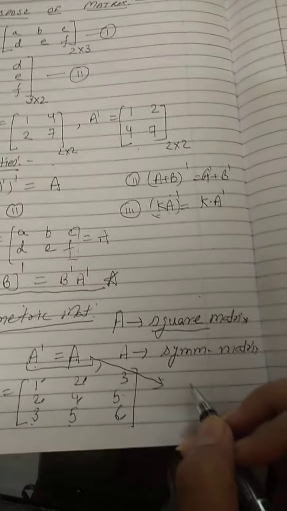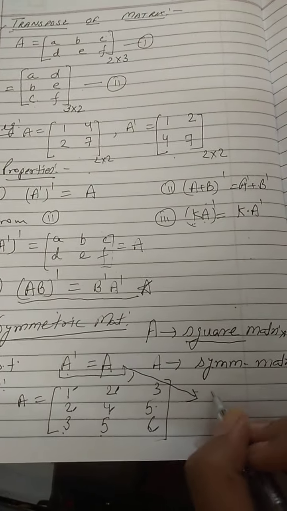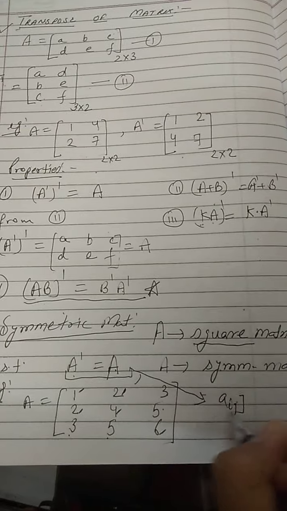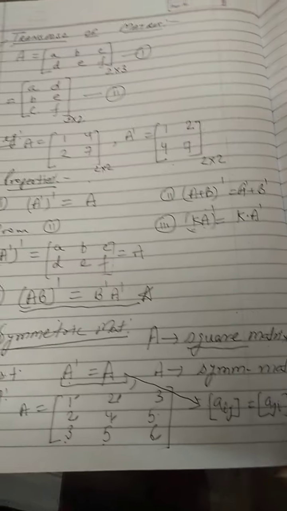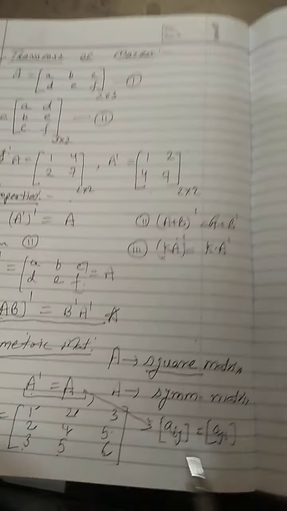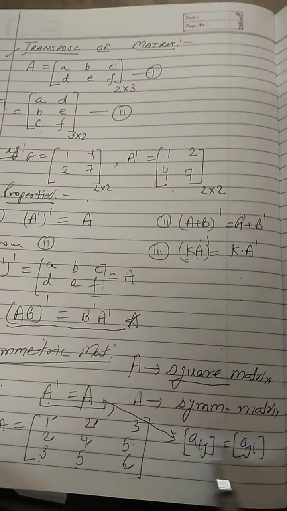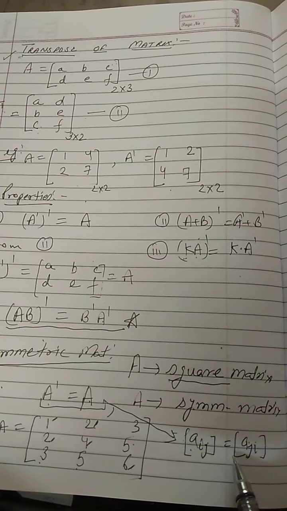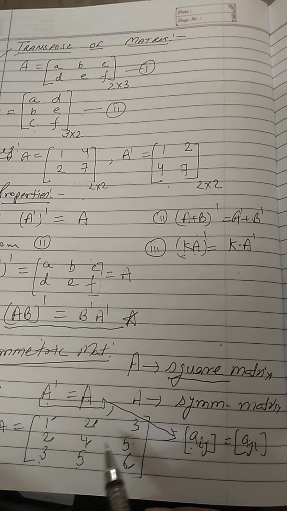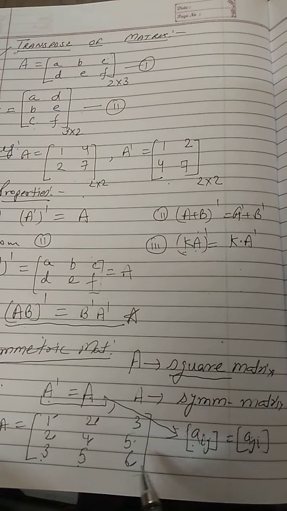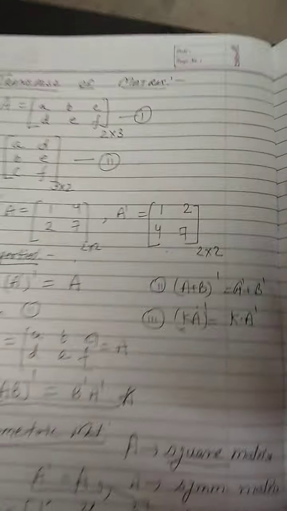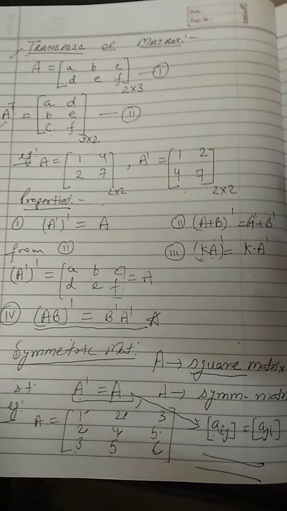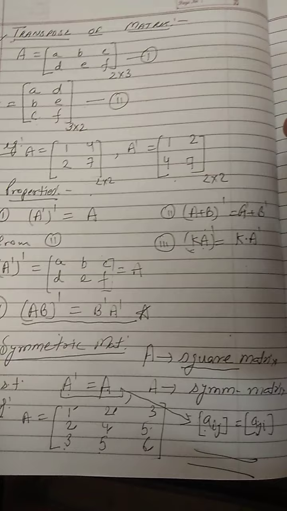A square matrix A is symmetric if every Aij element is equal to the Aji element. It means A12 is equal to A21, A13 equals A31, A23 equals A32, and so on. This is the important condition for a symmetric matrix, and a symmetric matrix will be only a square matrix. Any rectangular matrix cannot be a symmetric matrix.